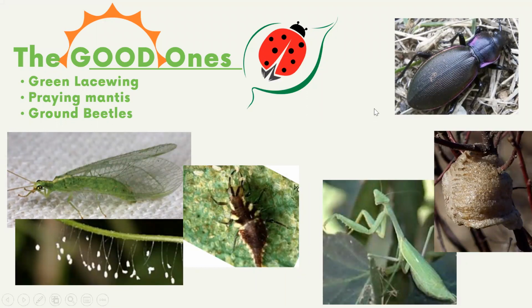So don't squash them. I've never been bitten by one, but they may have that capability because they are a beetle. They probably have chewing mouth parts. So I wouldn't pick one up without gloves on, but mostly they eat slug eggs and other insects. So that's a good thing, especially since we have a lot of slugs around here.